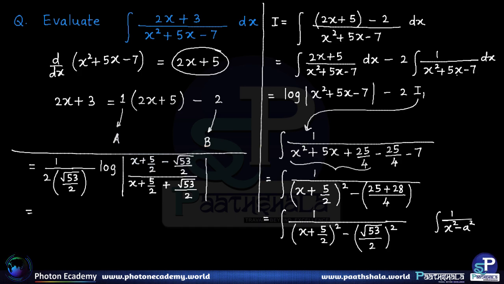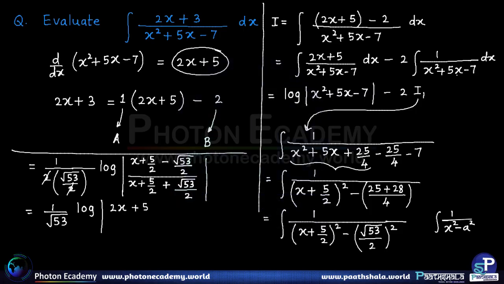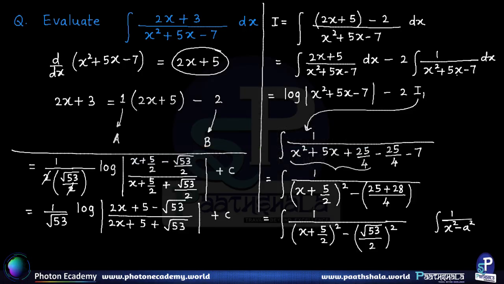So that equals, here 2 will get cancelled and we are left with 1 upon root 53 log of mod of, multiplying by 2 we have 2x plus 5 minus root 53 whole upon 2x plus 5 plus root 53, plus c, of course. Now this is the answer of just I1, alright. So we have to substitute I1 with the answer that we have got here, and that completes the final answer.